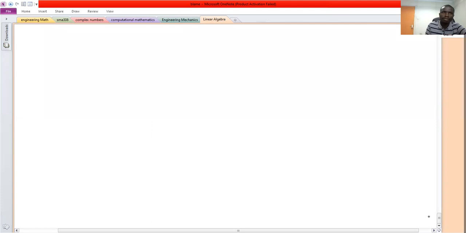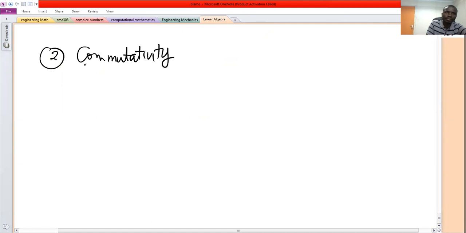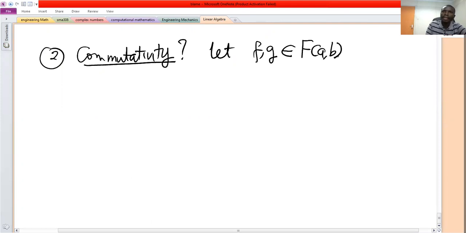Second property, we prove commutativity. Now let F and G be in this set F as given.